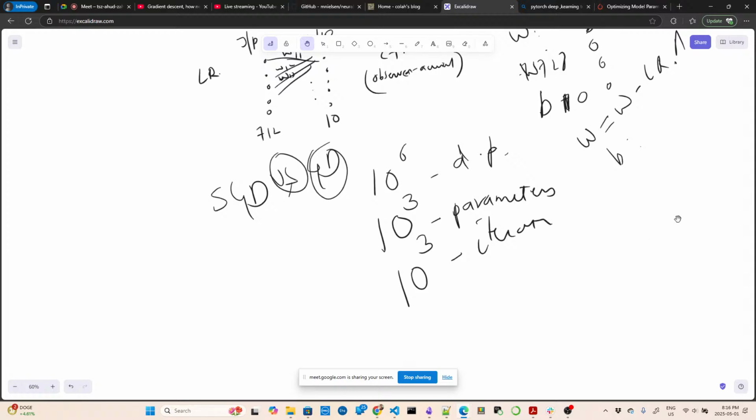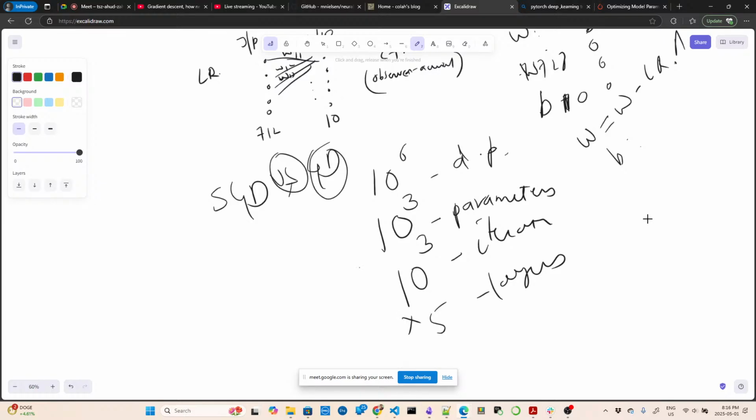For every input, you have 1 million inputs, a data set of 1 million. Every image that you have on the input side will update every parameter, like all the 10 to the power 3 parameters will get updated every time with the image.